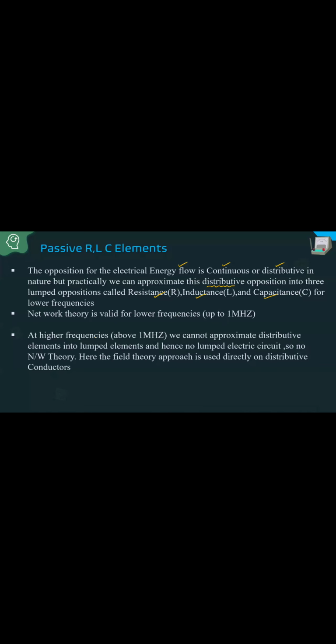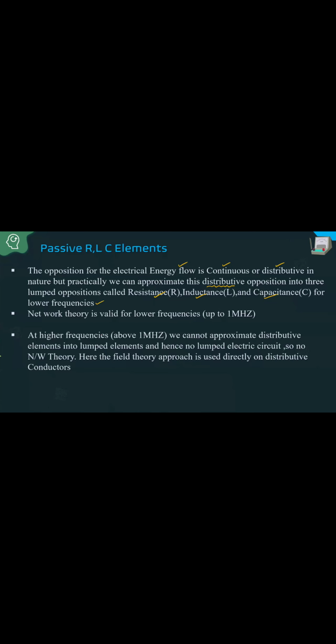If the electrical energy is flowing through any conductor, for the flow of that current there is opposition. That opposition is represented into three lumped oppositions called resistance, inductance, and capacitance. That's the reason why resistance, inductance, and capacitance are introduced in the conductor.